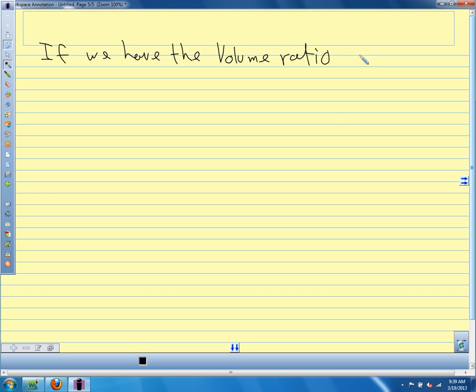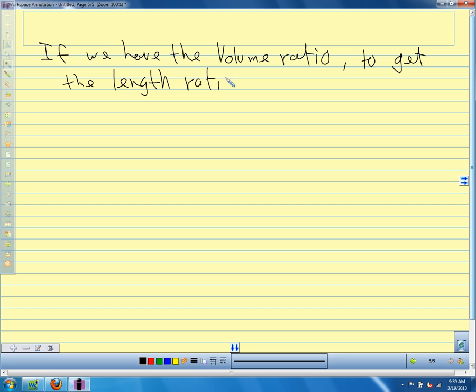If we have the volume ratio, to get the length ratio, and again, length is any length that we're talking about, radius, diameter, height, perimeter, any length ratio, use the cube root.